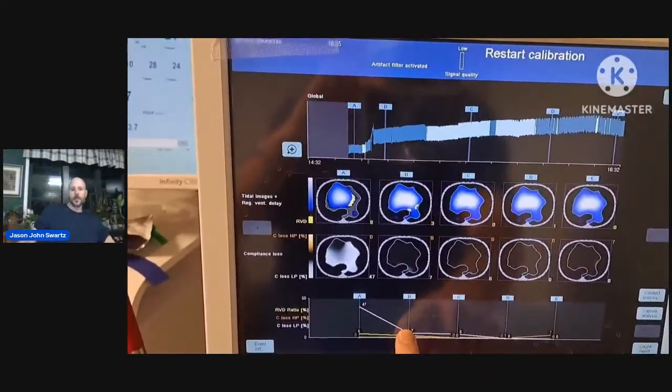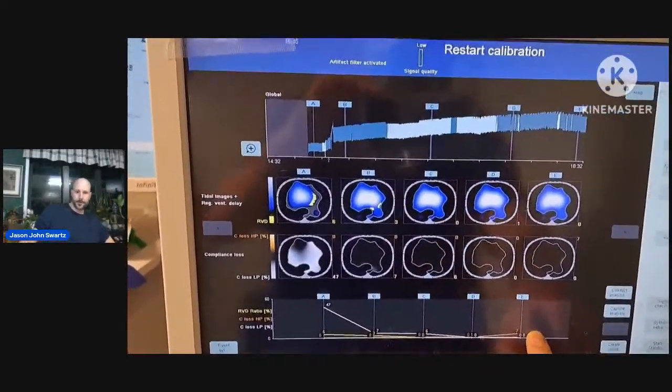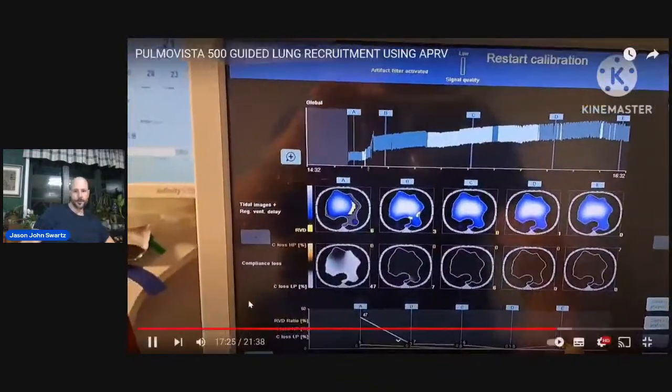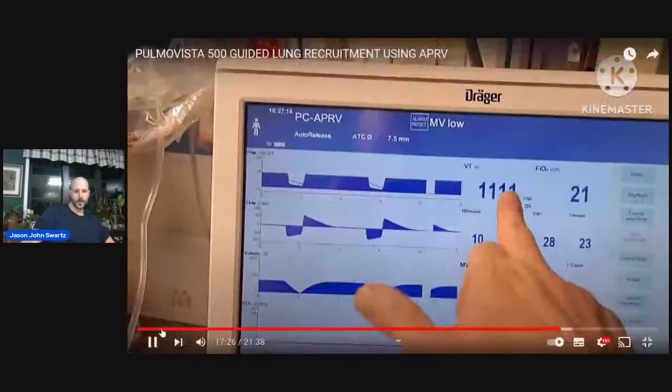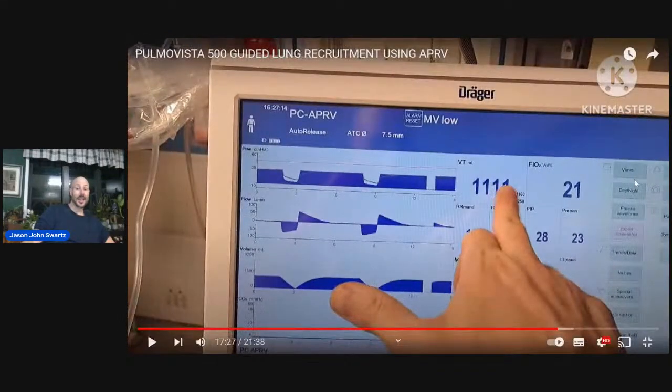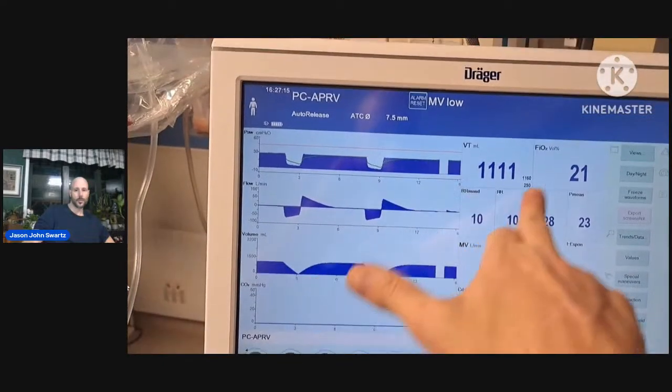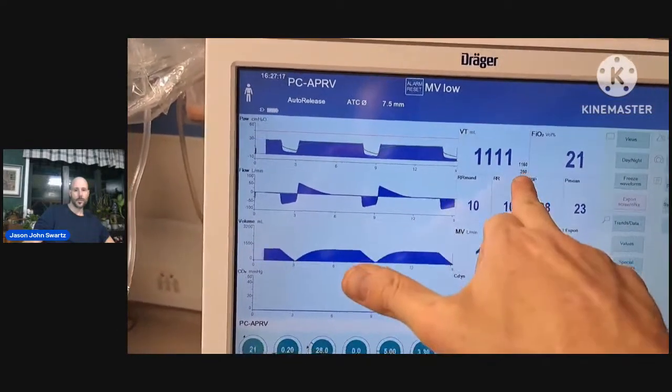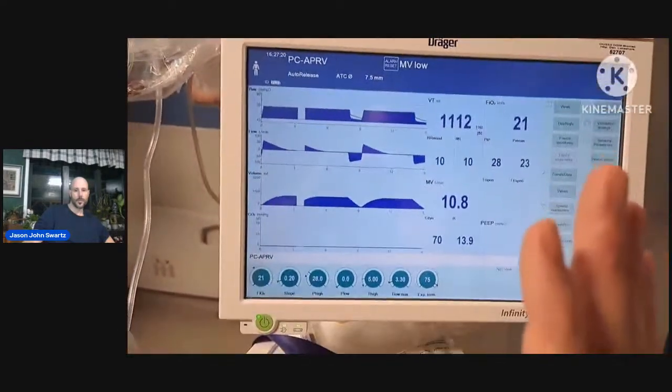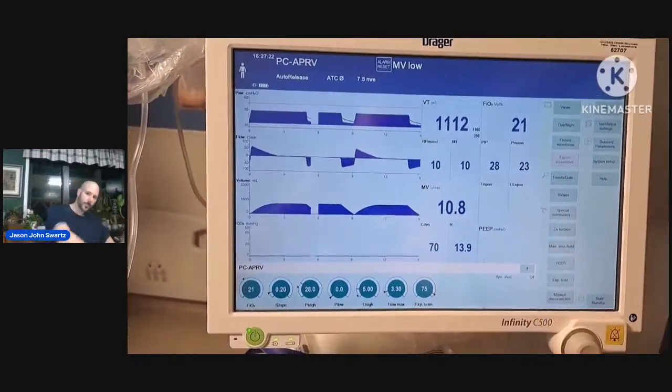As well, even with this 30, you see zero over distension. You also don't see that yellow cyclical opening and closing, the RVD, the residual volume delay we're concerned about. This is not pushing a P high of 15.